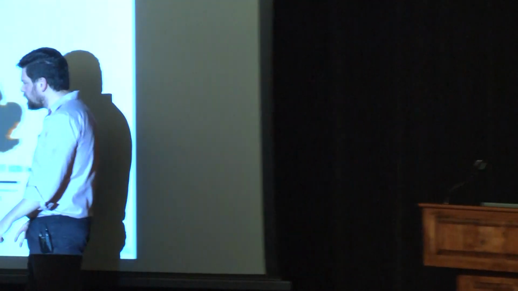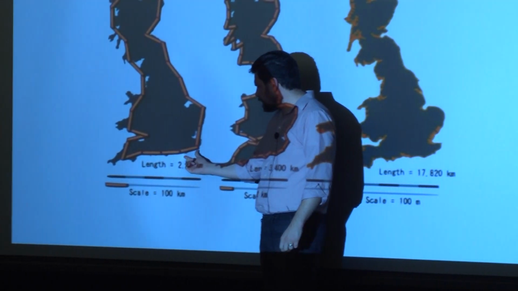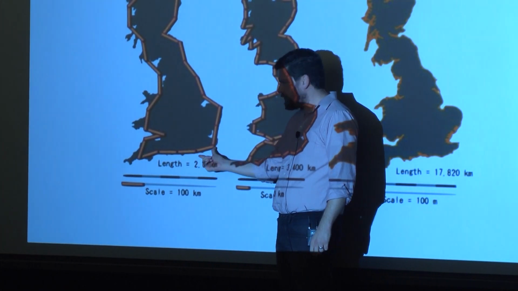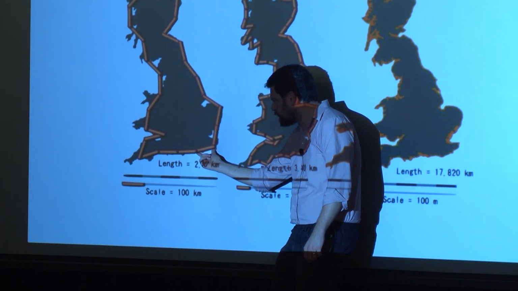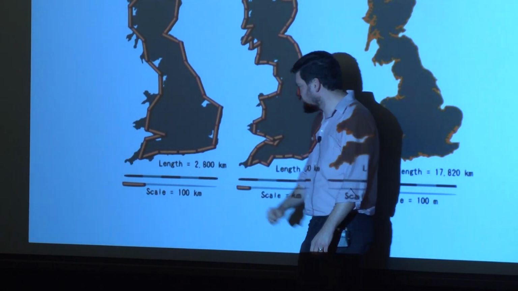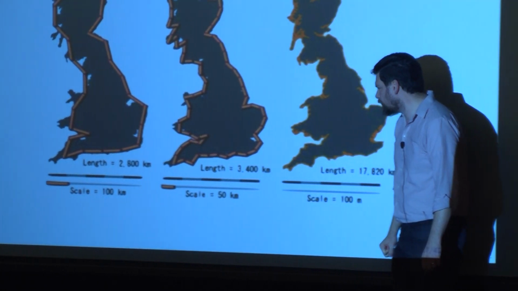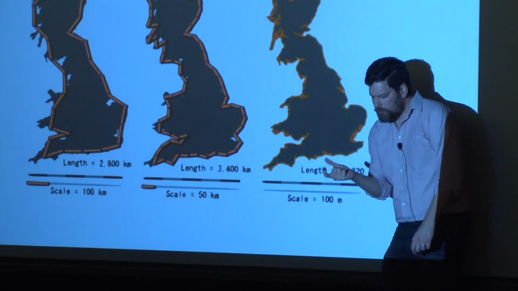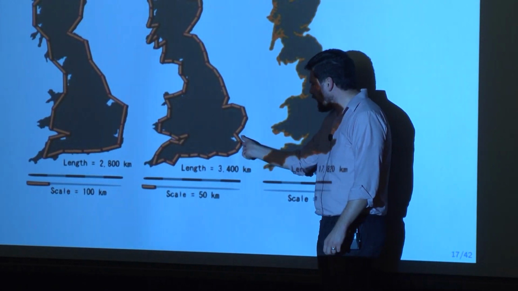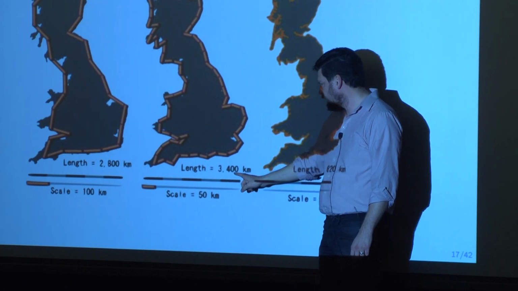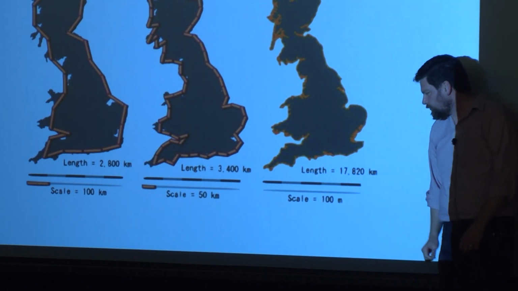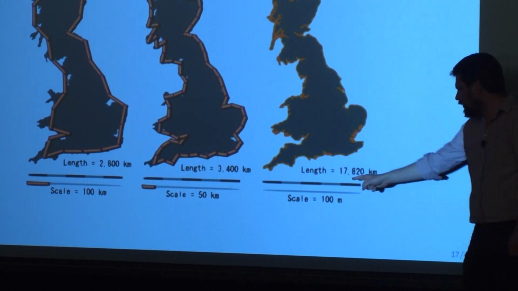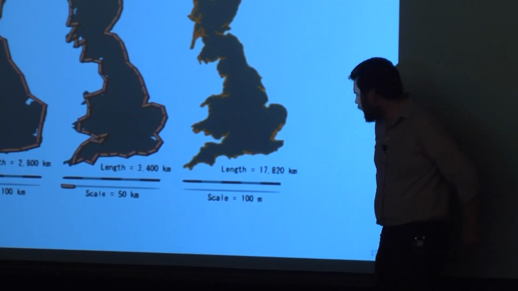If you're measuring in 2.8 kilometers, that's your unit, then you get a certain distance. What if your scale is 50 kilometers? Well, I'm zigging and zagging more, so I get a larger perimeter. If the length of your ruler is 100 meters, then it's much bigger.